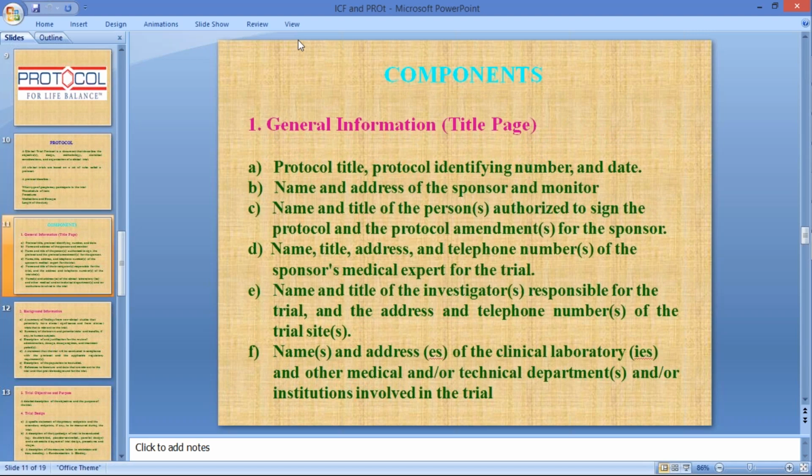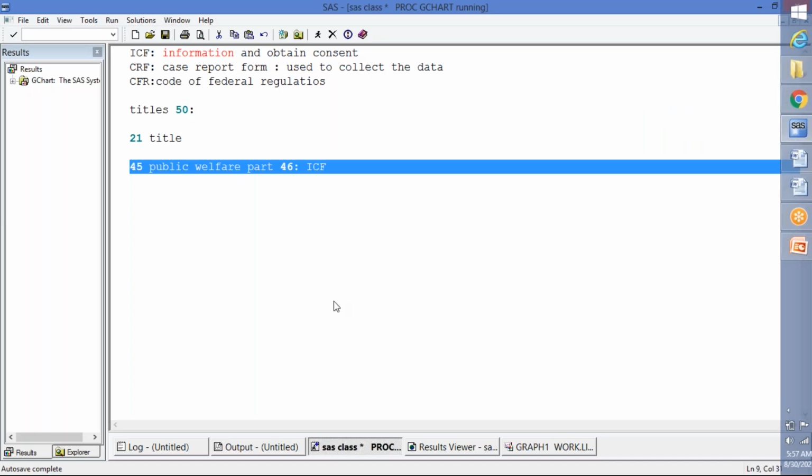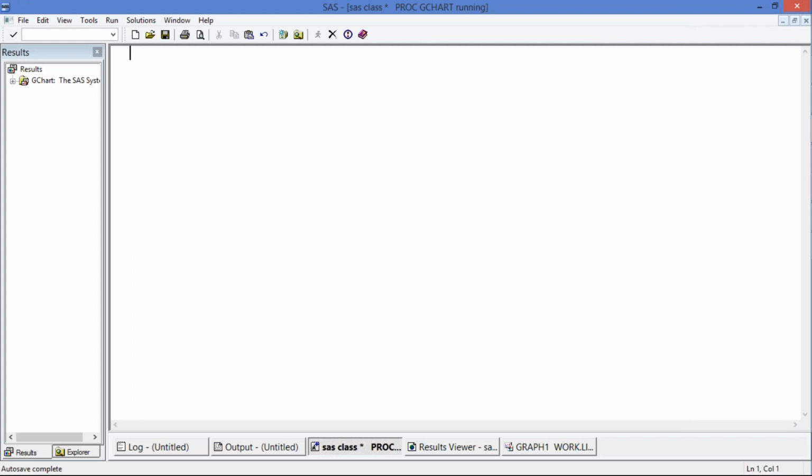General information: protocol title, protocol ID, and approval date. The question is, who will approve the protocol?